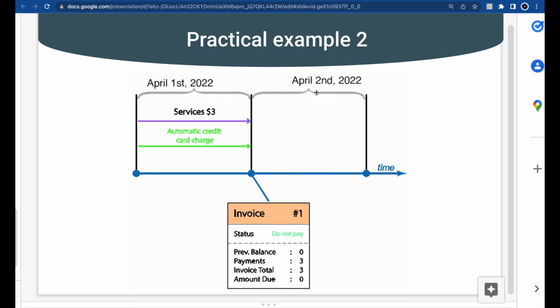On April 2nd, the invoice was generated and the credit card was charged immediately. The invoice was generated with the do not pay status. The invoice total is $3. The amount paid is also $3, and then no previous balance exists because it's our first invoice for this customer, so the amount due is 0.